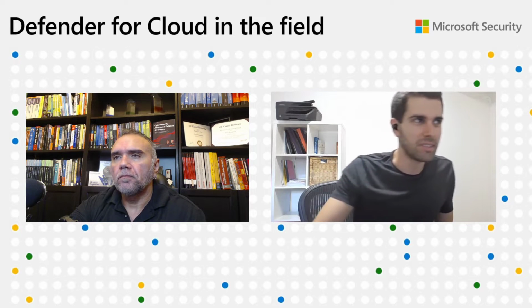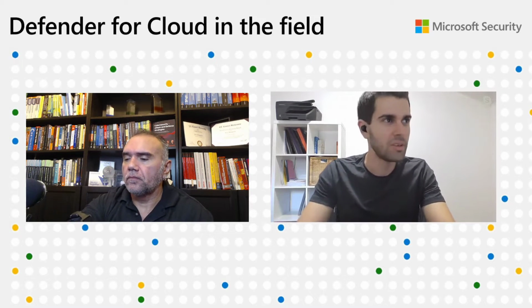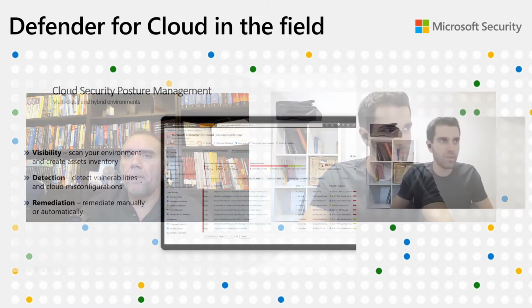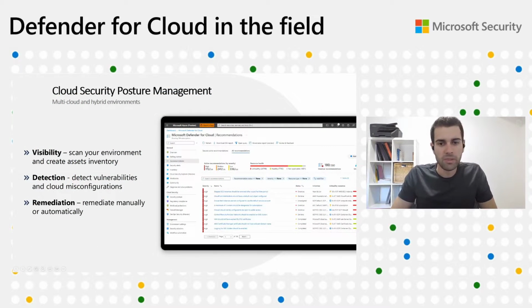Sure. So let me share my deck and explain why we're doing it. Today in Defender for Cloud, we have a great solution for cloud security posture management. We know to detect very well all vulnerabilities and all cloud misconfigurations you have in your multi-cloud environment and provide you with a list of actionable security issues to resolve.